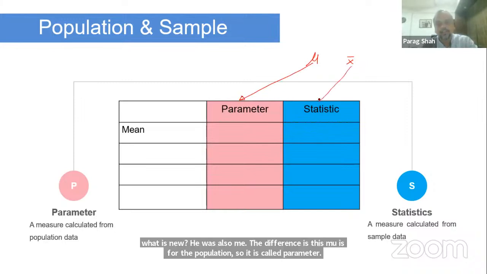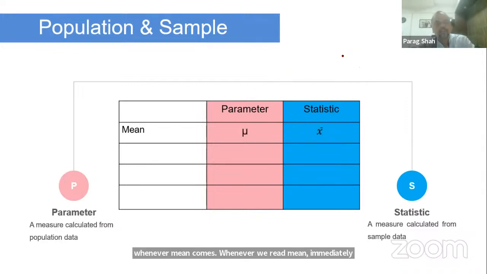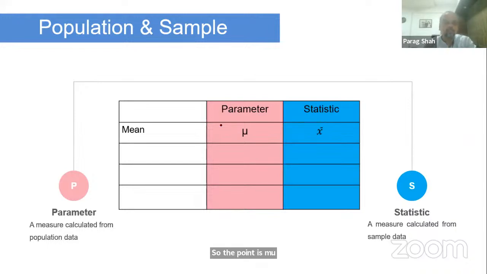This x bar is for the sample, so that is a statistic. But sample statistics are so frequently used that whenever we read mean, immediately what comes to our mind is x bar. So the point is mu is the parameter, but that is also mean. So for mean, population mean is mu, sample mean is x bar.